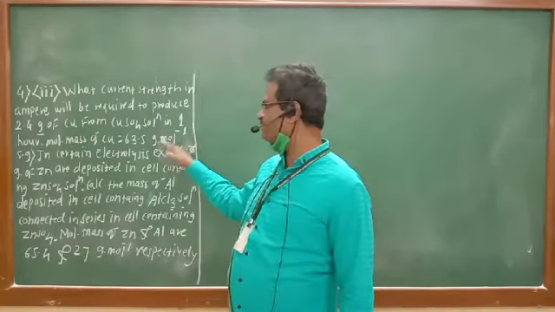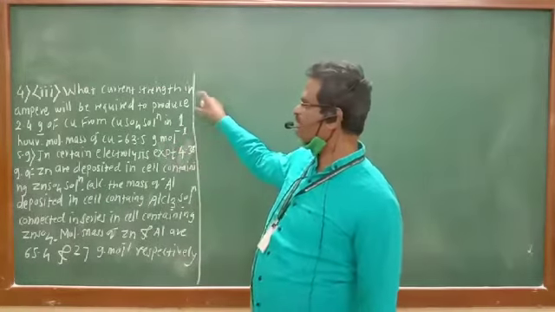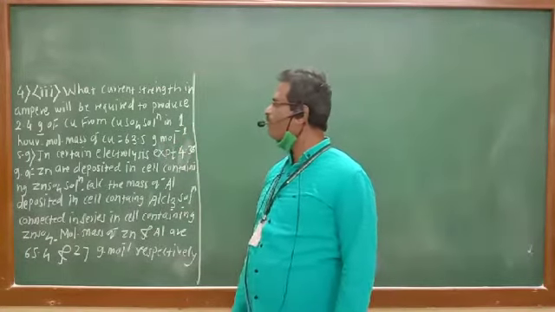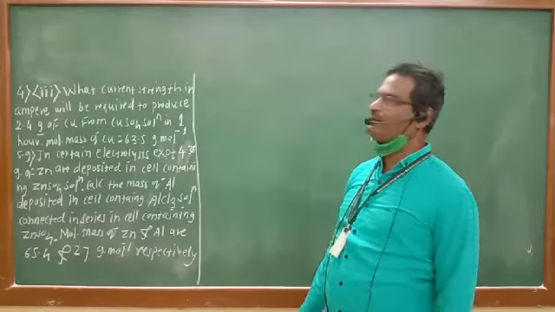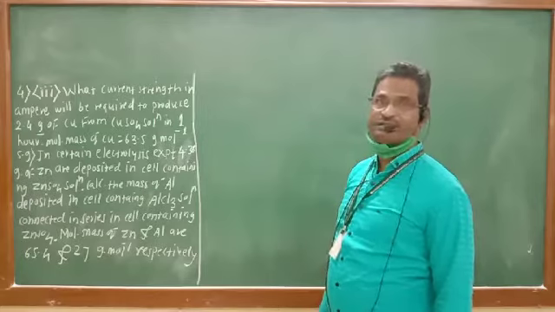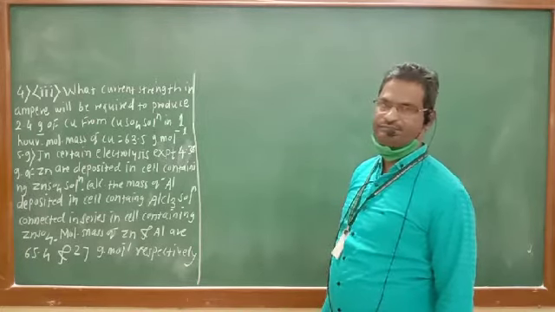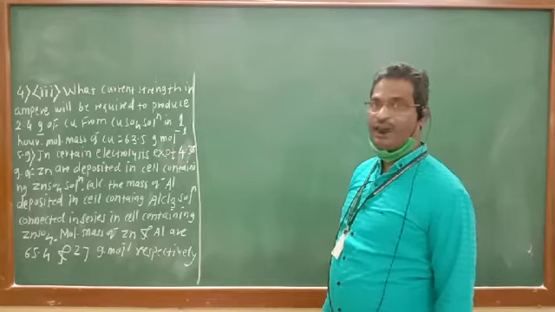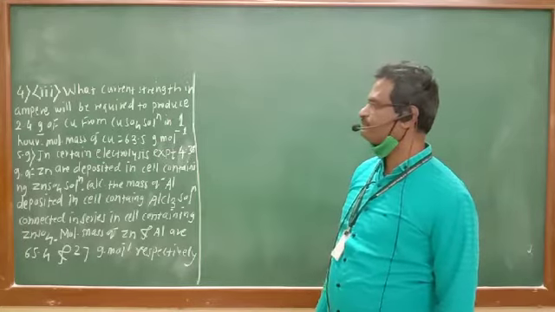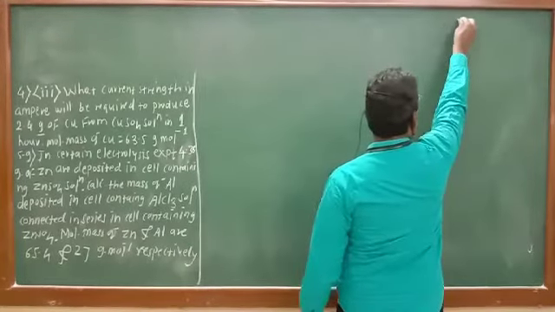Mole raised to minus 1 means gram per mole. So let us solve this problem now. We have to calculate the current strength, means I. The value of I we have to calculate.